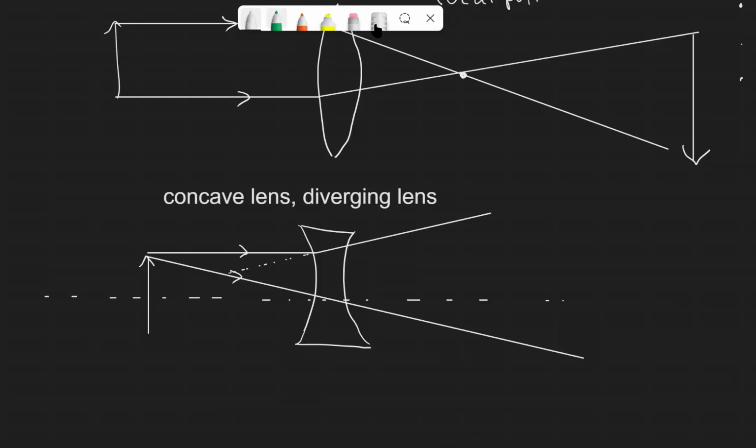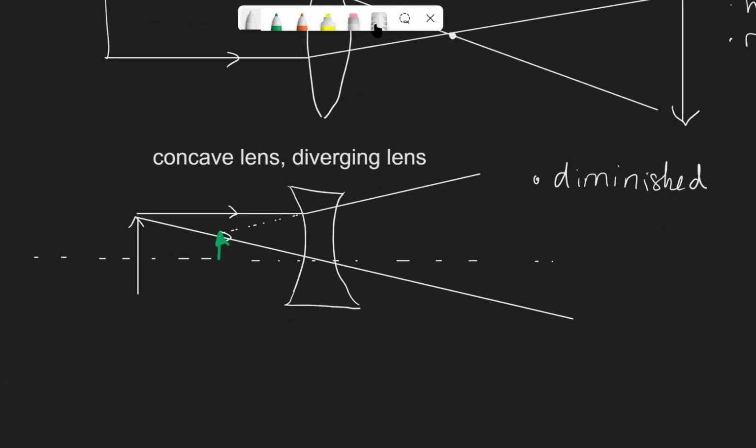The image, so just draw that in a different color, I'm going to draw that in green, is going to look like this and is going to have the following properties. So number one, notice that it is smaller than the original image, and we call this that the image is diminished. It has a lower magnification, or it's smaller.